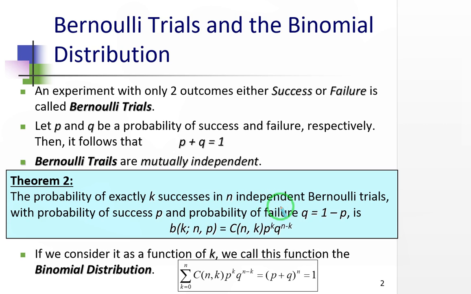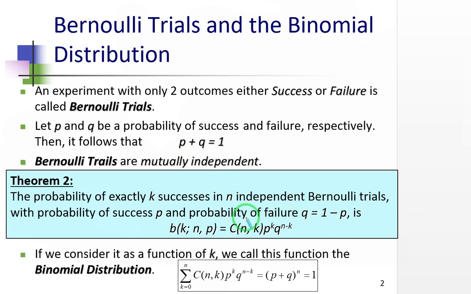Bernoulli trial means you are flipping your coin, you are flipping your dice, so it means the number of your repetitions. Simple. Trial means your repetition. With the probability of success P and the probability of failure Q. So according to this formula, Q is equal to 1 minus P.